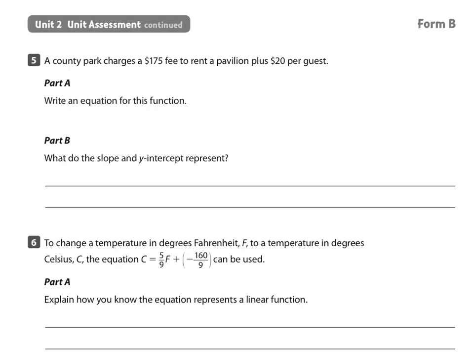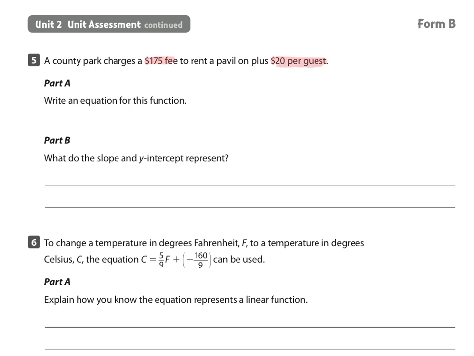Number 5 says, a county park charges a $175 fee to rent a pavilion plus $20 per guest. Now, so we have a $175 fee and you have $20 per guest.